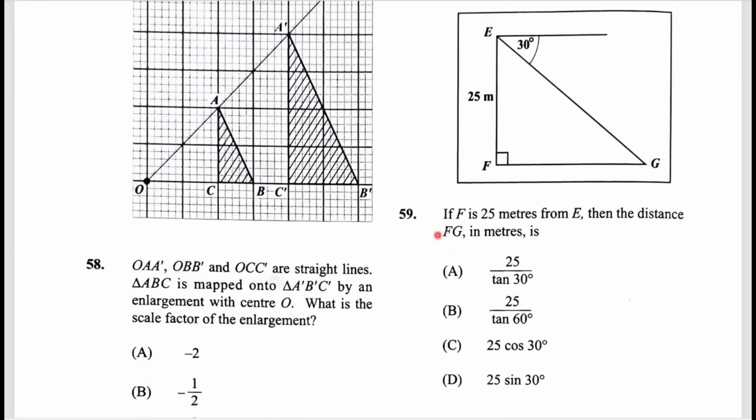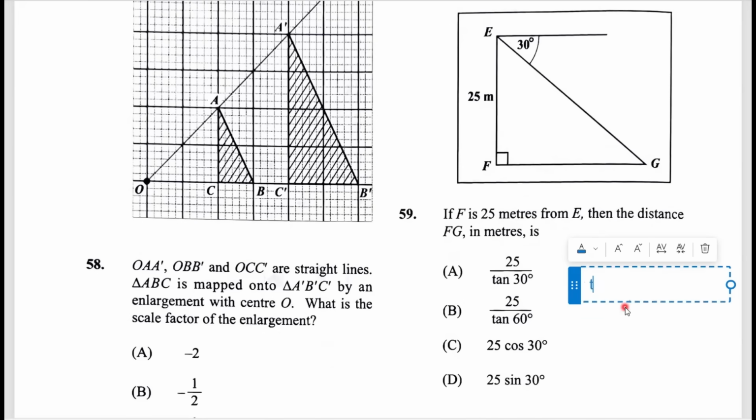59. F is 25 meters from E. Then the distance FG is what? If here is 30, here also is 30. So tan 30 would be opposite over adjacent.